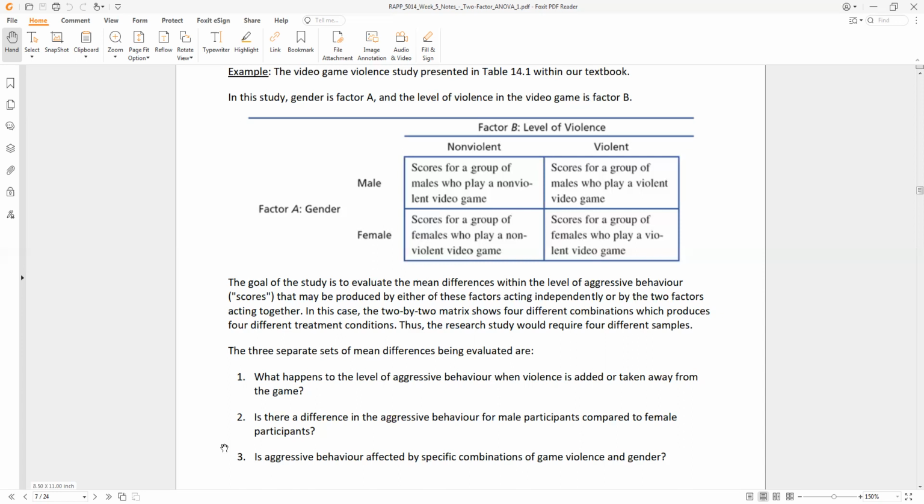And so that would be called an interaction. Then what you would say is that the difference between non-violent and violent games in terms of aggression levels depends on whether the player is male or female, and these two variables interact.